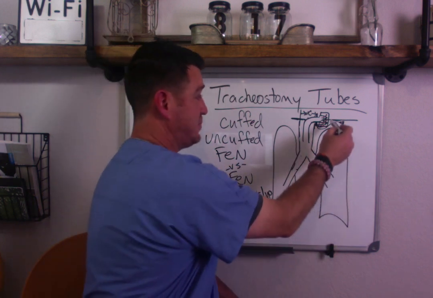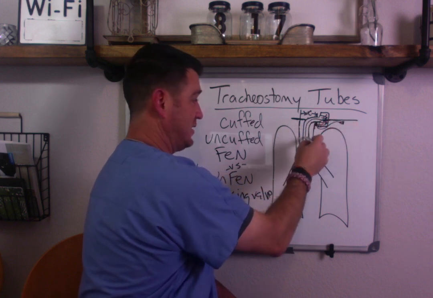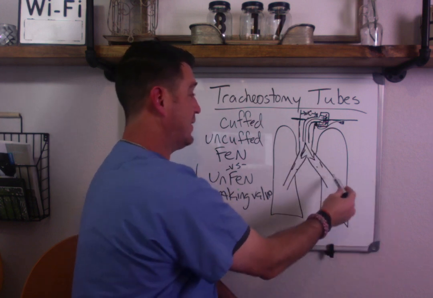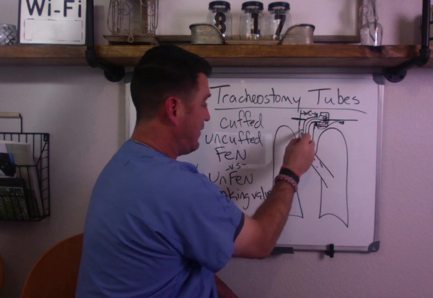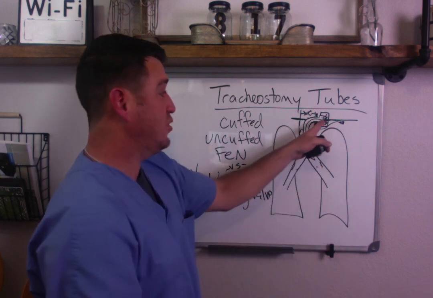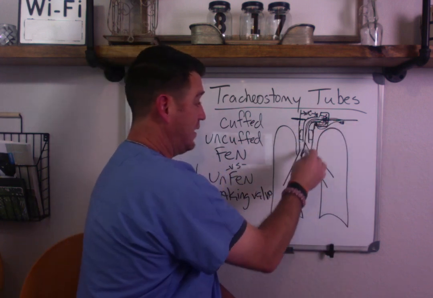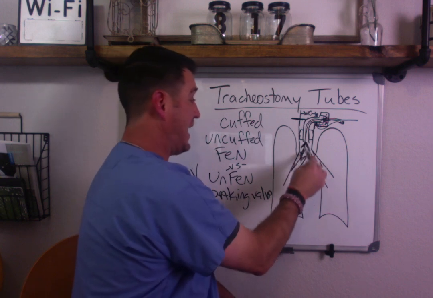I told you that when you have a speaking valve on, when the patient breathes in, the air comes into the lungs. But then when they exhale, the air goes back up past the vocal cords. If you have a cuff that remains inflated and you put a Passy-Muir valve on, air will come in as it's supposed to, but air will not be allowed to go out.